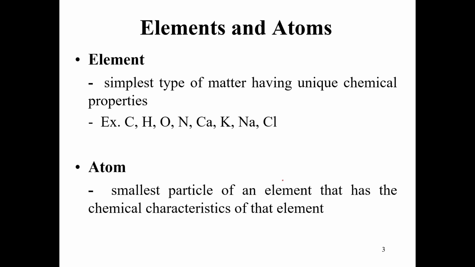An atom, on the other hand, is the smallest particle of an element that has the chemical characteristic of that element. So elements are made out of atoms of that element.